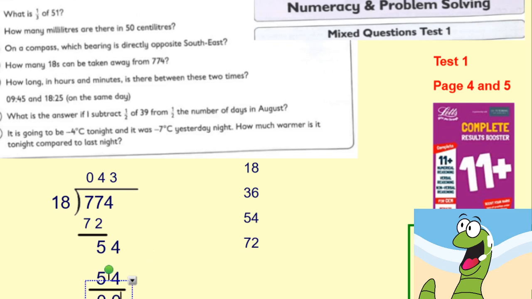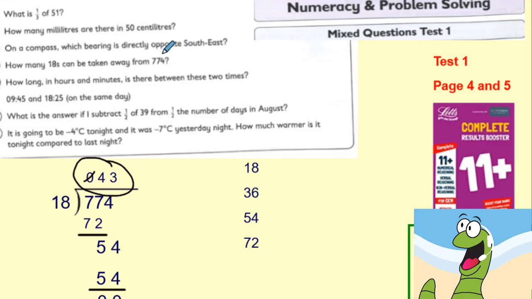So my answer will be 43. I don't need the 0. So 18 goes into 774 43 times. Or how many times would I need to multiply 18 to equal 774? 43.